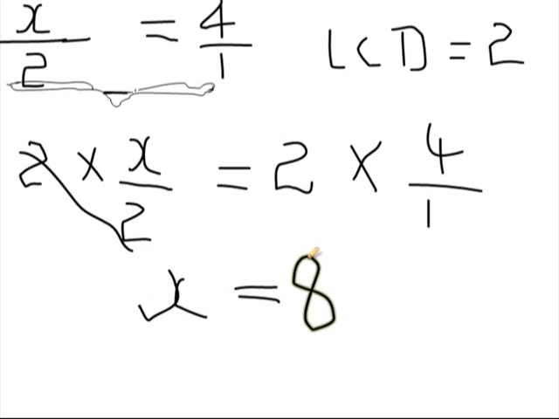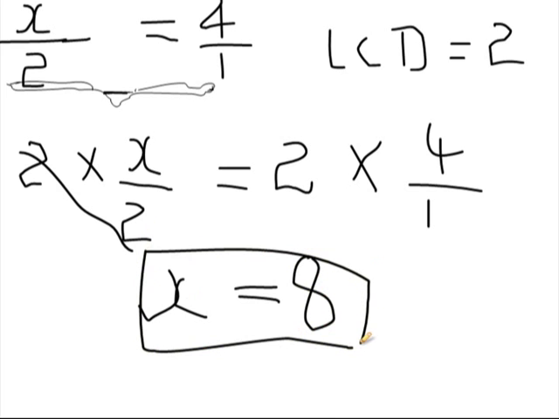So here is the method for addition, subtraction, multiplication, and division. Now we're going to try another example, but these examples are going to be more difficult than the ones we have done so far.